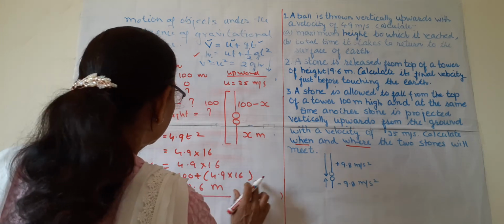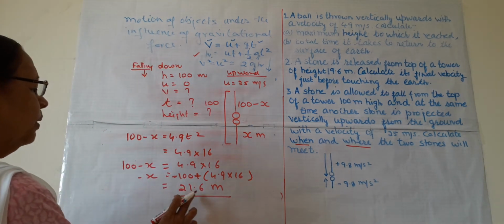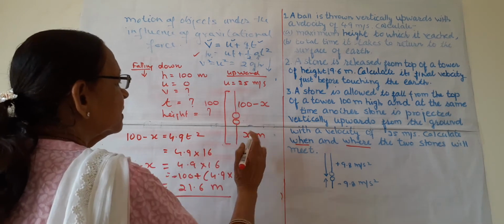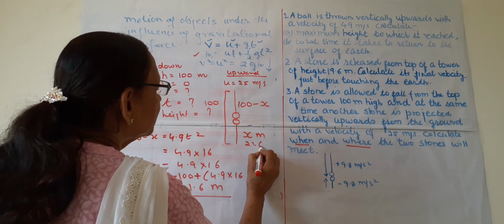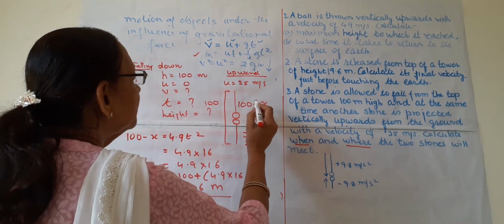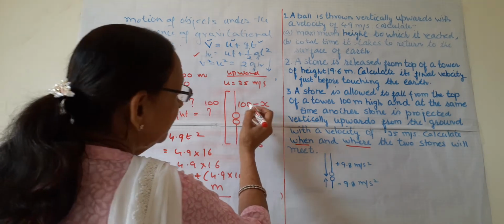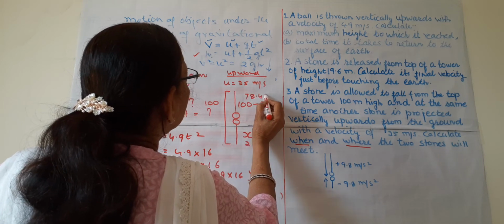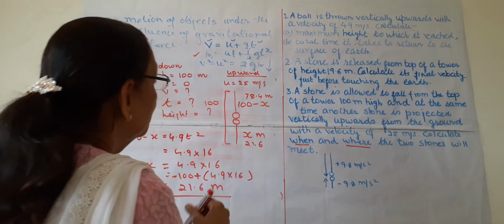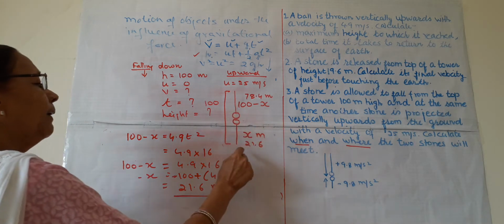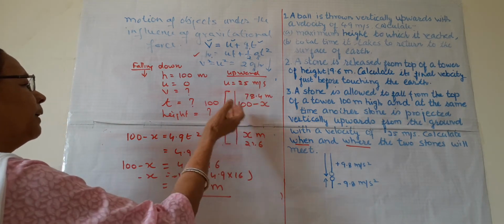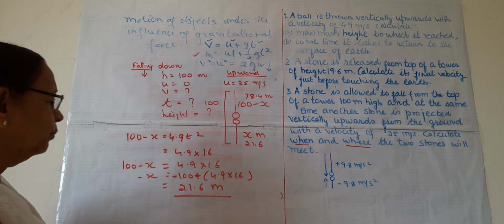If you calculate this, it will come to 21.6 meters. And 100 minus 21.6 will be, I think, 78.4 meters. So they meet at 21.6 meters above the ground and 78.4 meters down from the top.